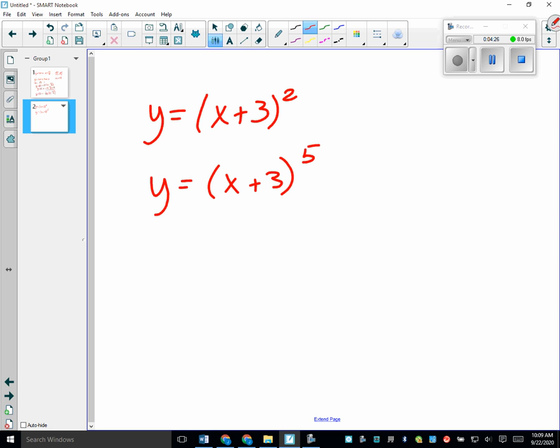So when we get to this point, we use what we call the chain rule. And the chain rule is like an M&M. This M&M has an outside or a shell, correct? And the shell is totally independent of the inside. Totally separate.